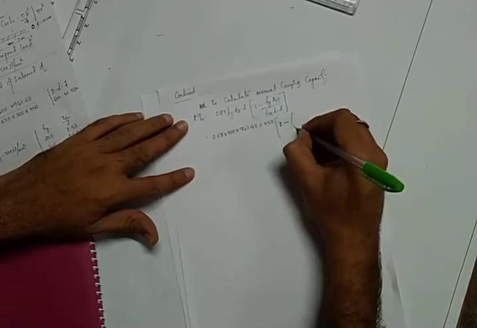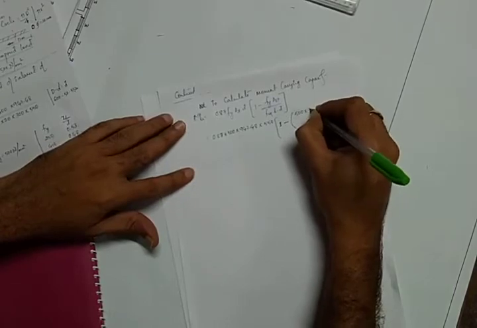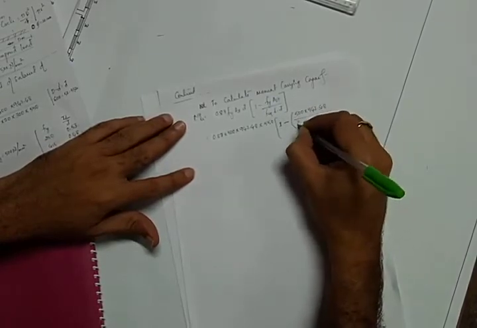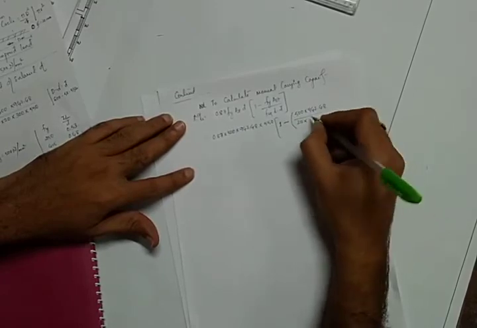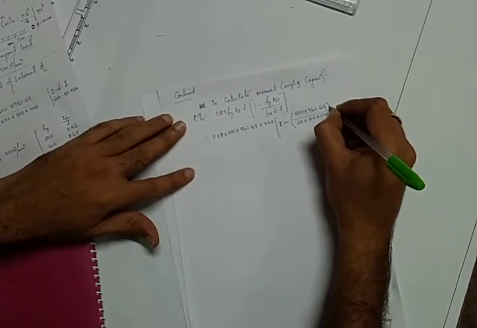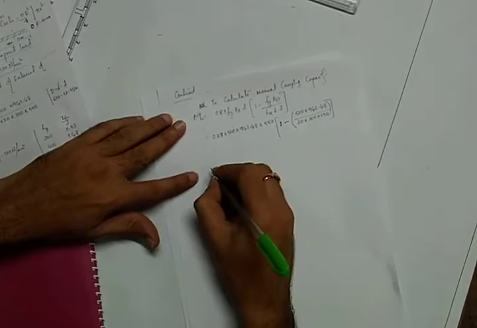So you put a bracket here, Fy is 500 into AST 942.48 divided by FCK is 20, B is 300, small d is 550. Close the bracket and again you have to close another bracket.